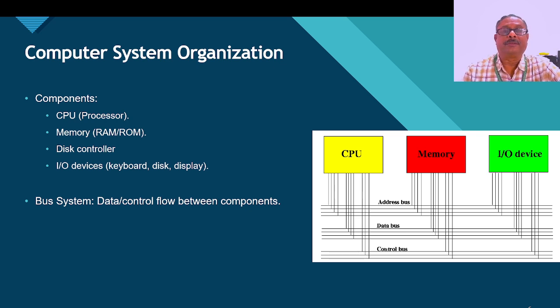The address will tell which device to use, and in that device, which part of the device is to be used. If you are talking about memory, then the location in memory is represented by the address.